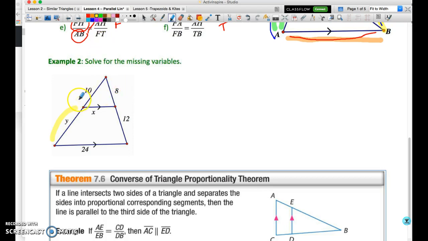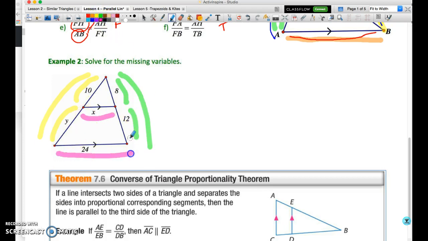Okay, and so once again, these are our corresponding parts. This corresponds to the whole of this, which also corresponds to this piece, and then x corresponds to 24. And so hopefully that will very easily help us to set up the correct ratio.